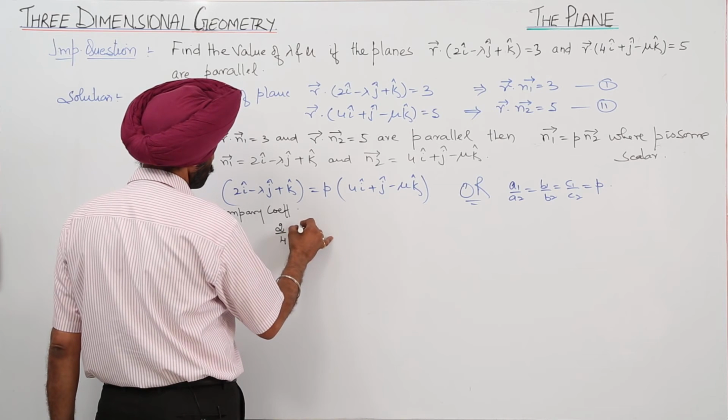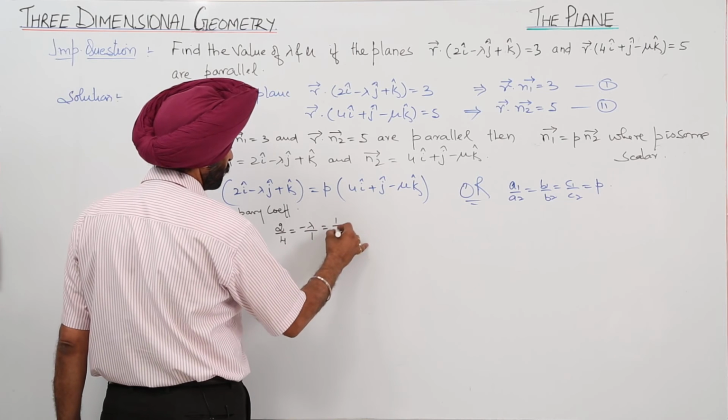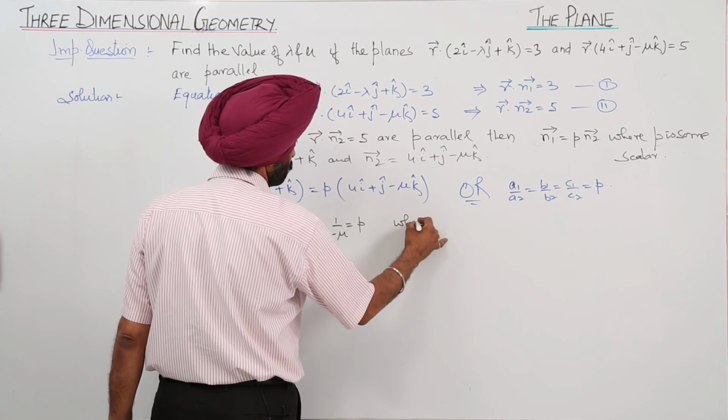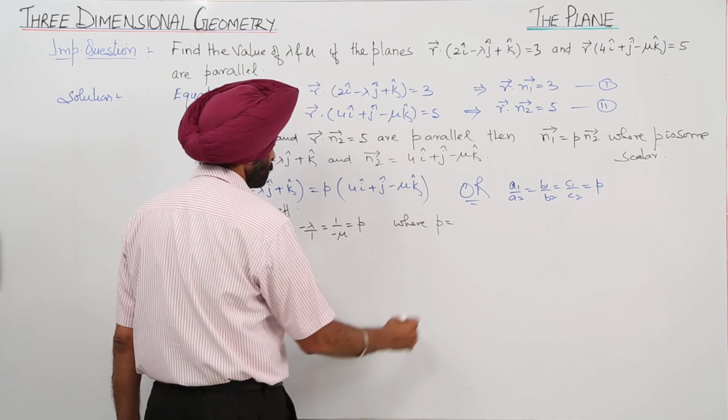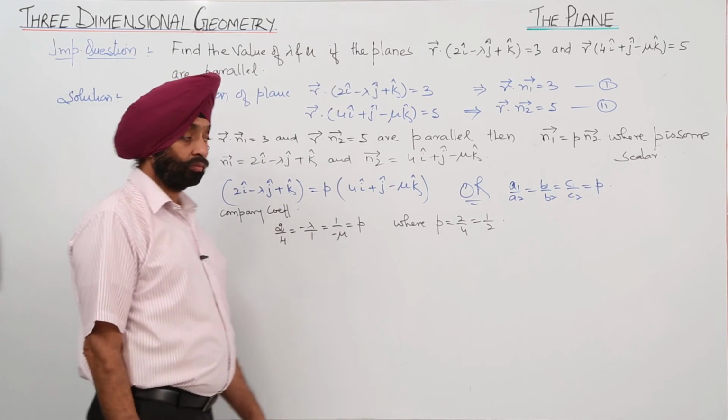We are having now 2 upon 4 is equal to negative of lambda upon 1 is equal to 1 upon negative of mu is equal to p, where p is equal to 2 upon 4, that is 1 upon 2.